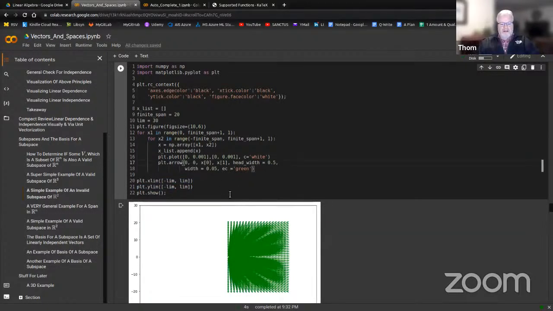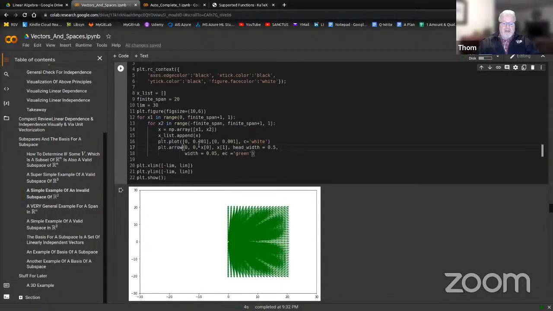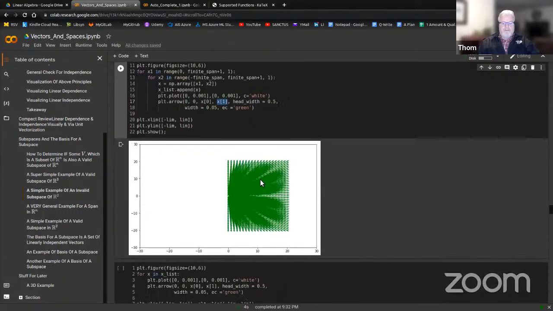Remember, that's our key vector visualization trick. And so we're going to plot the arrows of the first component of the vector x, which is x1, and then this is our x2, like we defined in the set above. And then, yep, we get the span, okay?